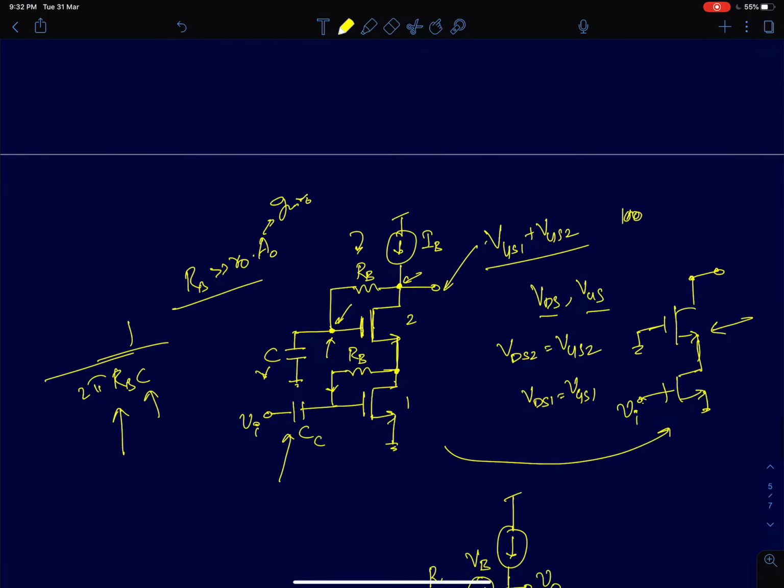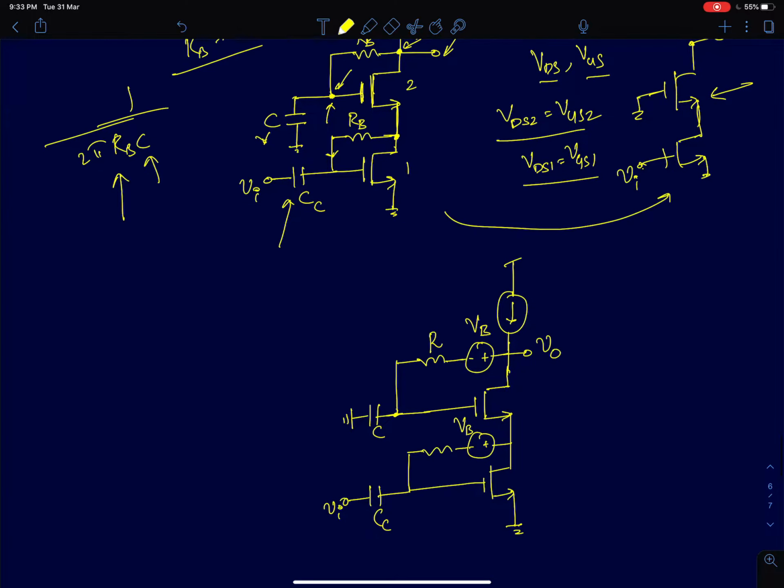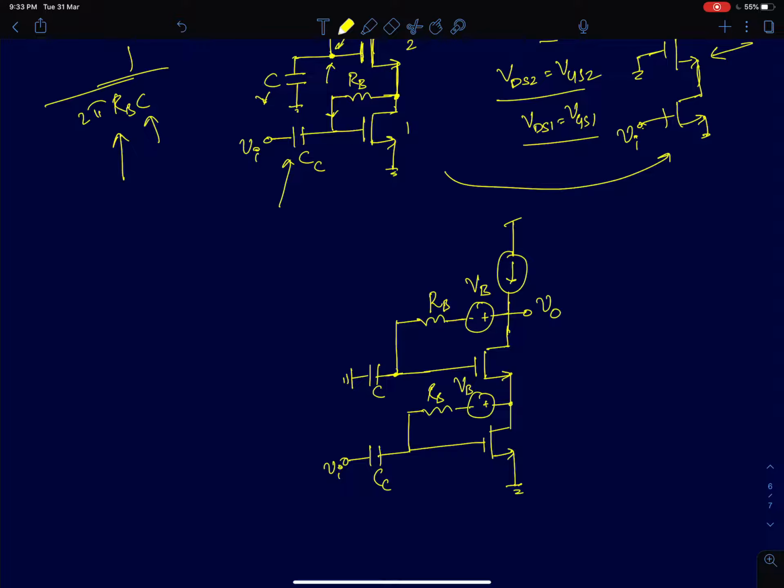Here we have forced the VDS to be equal to VGS. Again, you can have programmability on the VDSs as well. Individually, we can tweak the VDSs. I have already discussed this test bench for a common source amplifier, so you can follow a similar approach here as well. For example, VDS1 for this device is going to be VB1 plus VGS1, and similarly VDS2 is going to be VB2 plus VGS2.